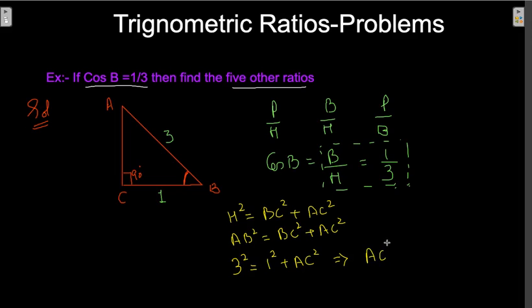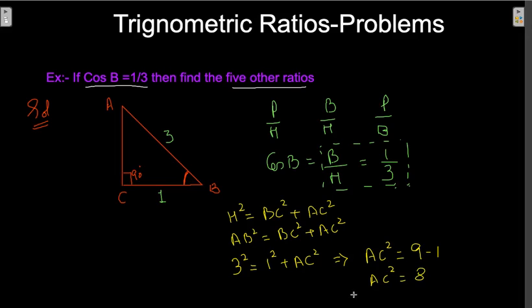AC square, let's bring it to the left side, is equal to the square of 3, which is 9, and 1 square means 1, and the 1 goes to the right hand side. It comes minus 1. So AC square becomes equal to 8.